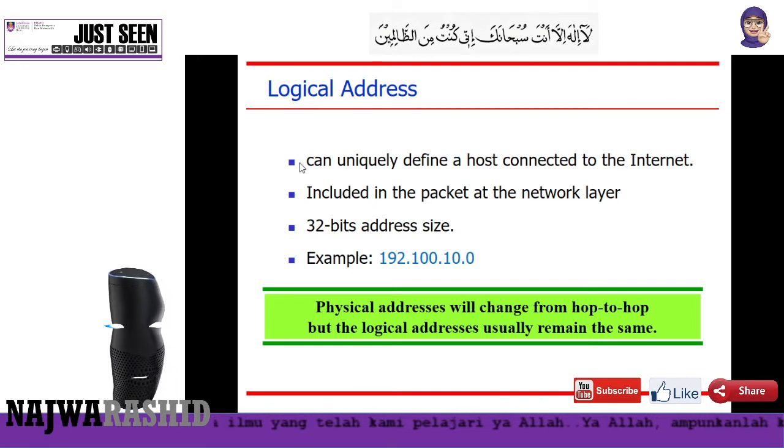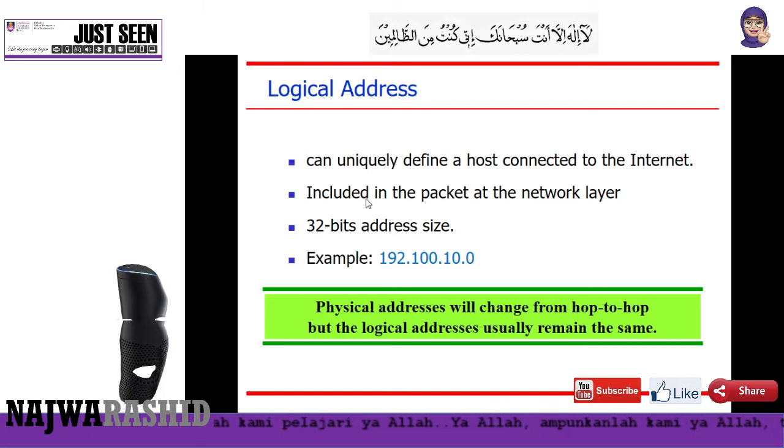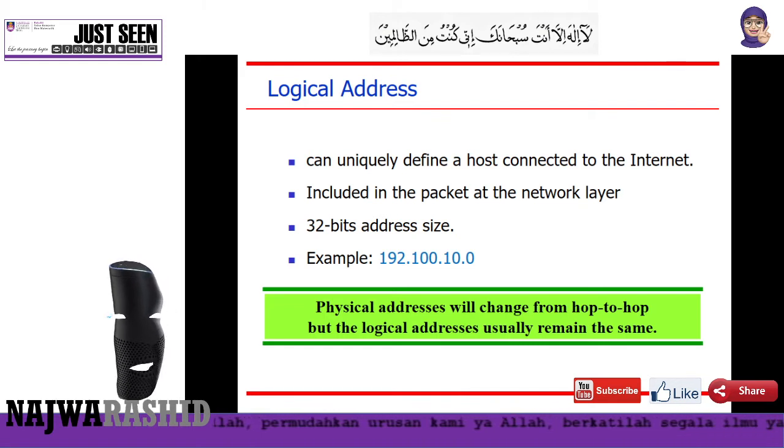So you can refer to this example: 192.100.10.0. The total size of this logical address is 32 bits. This is included in the packet at the network layer.